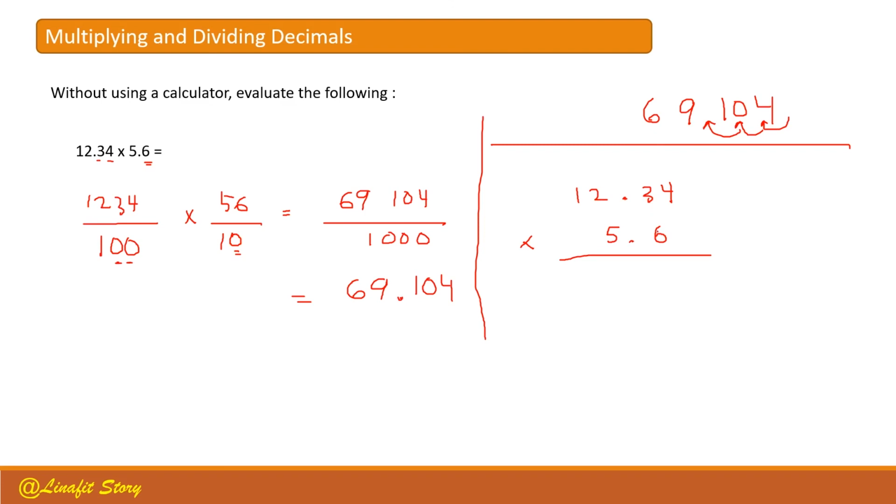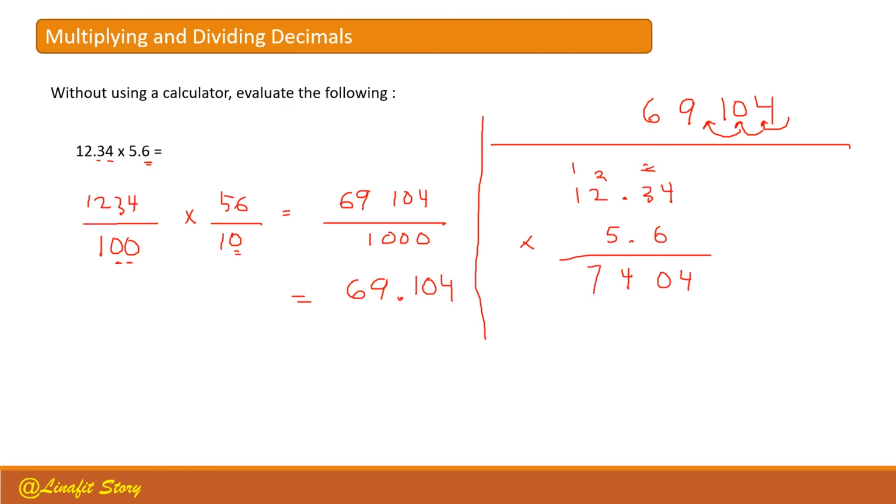So 6 times 4 is 24. 6 times 2 is 12, plus 2 is 14. 6 times 2 is 12, plus 2 is 14. 6 times 1 is 6, plus 1 is 7.